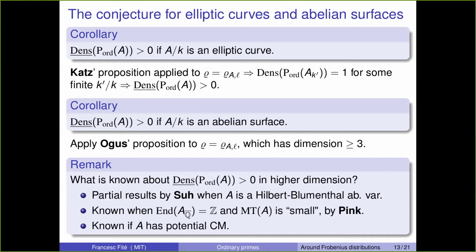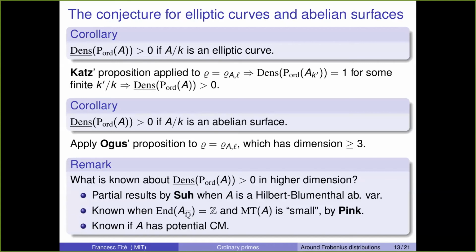Then, surprisingly, at least to me, the conjecture is also known when A is an abelian variety which has a trivial geometric endomorphism ring, and for which the Mumford-Tate group is smaller than predicted by these endomorphisms.